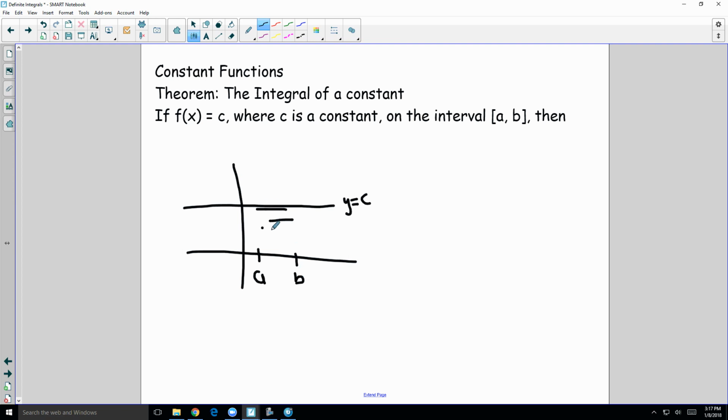I just want to find the area beneath here, which means that the integral from a to b of my function, which is a constant c, dx, is actually just going to be equal to that constant times b minus a. I'll explain that more further, but if you just look at that geometric approach there, that should kind of make sense.